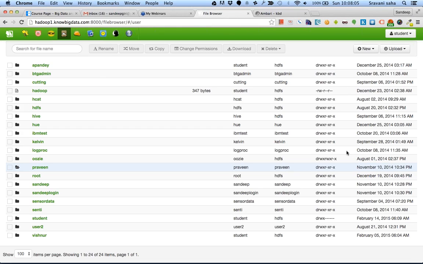When the file is retrieved from a data node, the checksum will differ from the actual checksum which has been saved. A checksum is a signature of the data. It's very difficult to forge a signature of the data, so immediately that block will be discarded and another replica will be used. So was I able to answer your question, Prabhat?